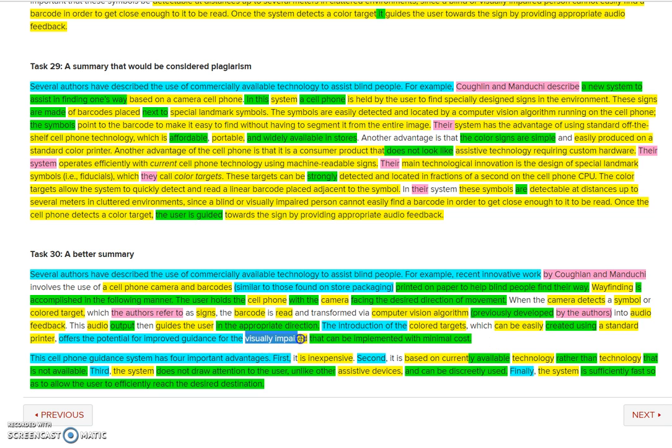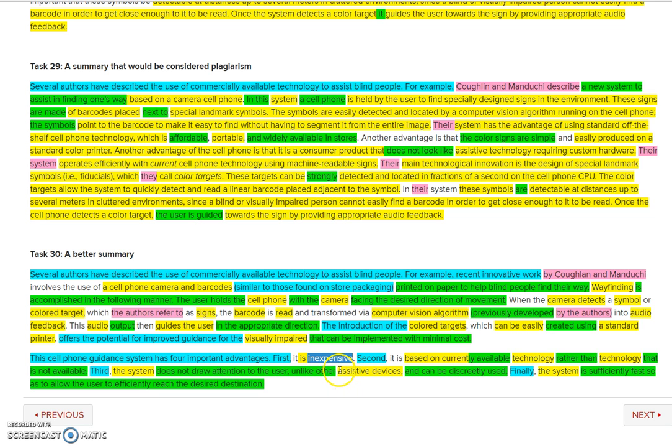"Visually impaired." Okay, that's a very common way of saying blind or not entirely blind, but still having difficulties with vision. You don't have to change that. That's a word that everybody uses. "Assistive devices." Okay, that's a very common term for this kind of technology. Another thing, "inexpensive." Now that's a word that they could have replaced with "cheap," but still it's not too bad.